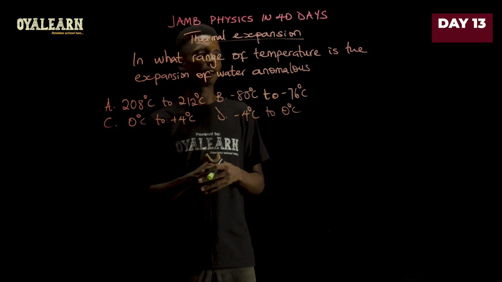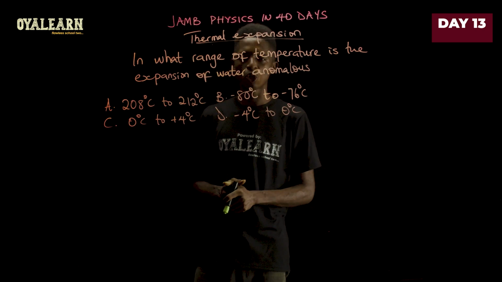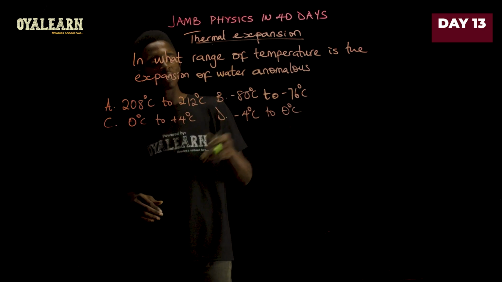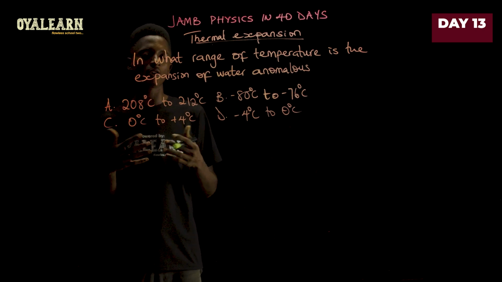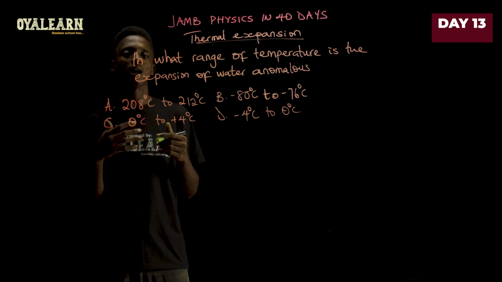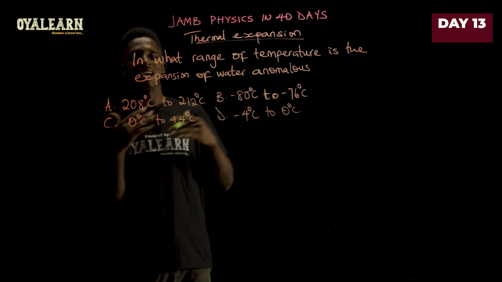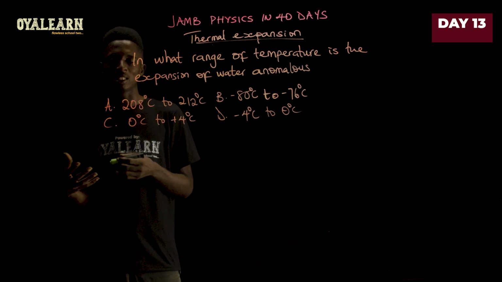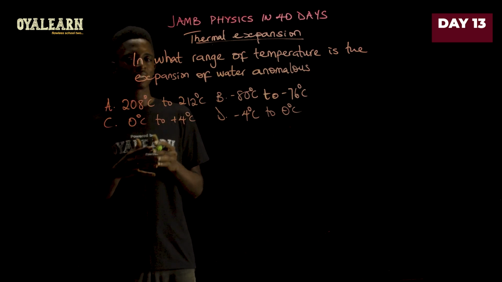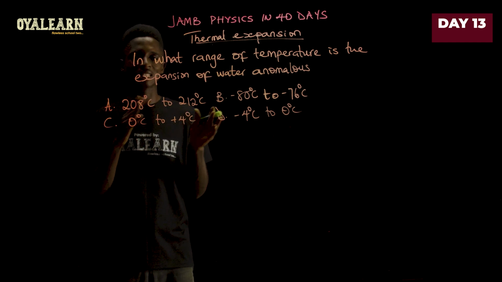In what range of temperature is the expansion of water anomalous? Now the anomalous expansion of water is the unusual behavior of water when you are heating it or cooling it down. Every other substance expands as you heat it up and also contracts when you are cooling them down. And the same thing applies to water, except for a particular range of temperature where it goes against this rule.